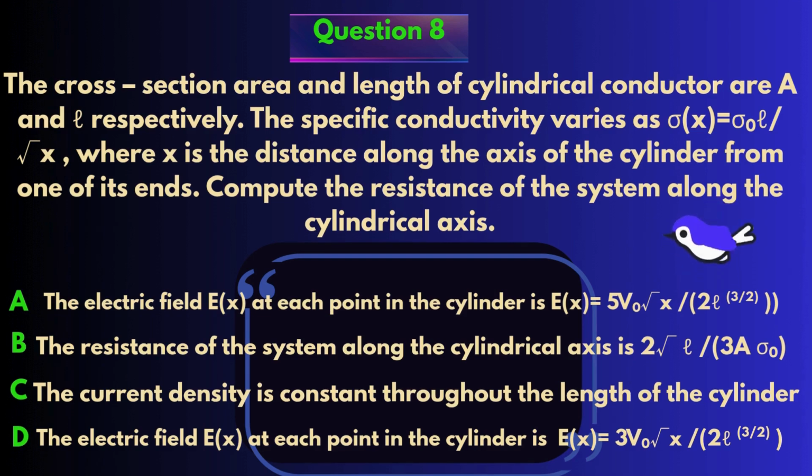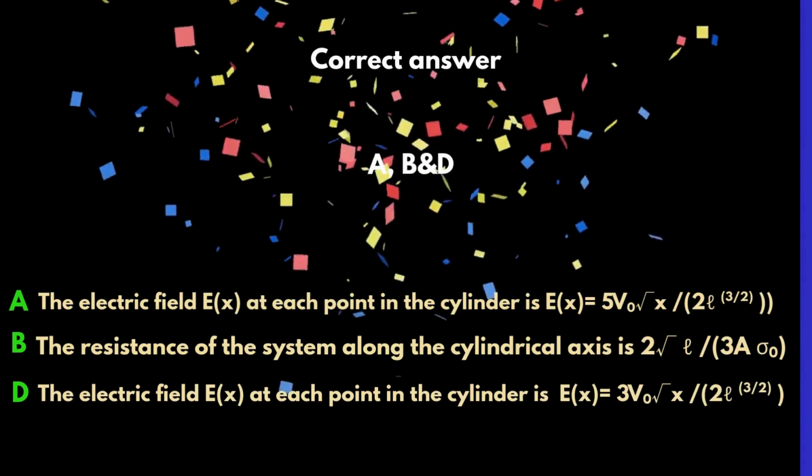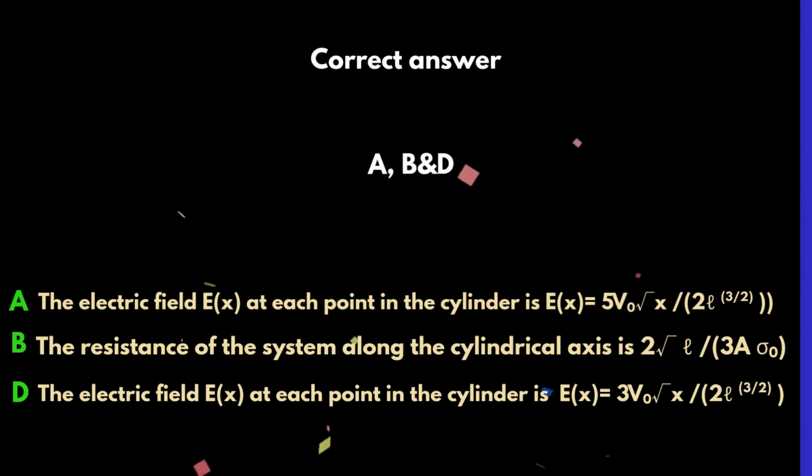Choice C, the current density is constant throughout the length of the cylinder. Choice D, the electric field E(x) at each point in the cylinder is E(x) equals 3 V0 root x divided by 2 L^(3/2). Correct answer: A, B and D.